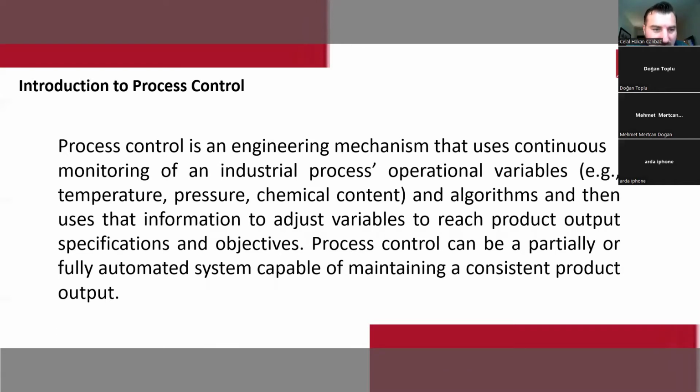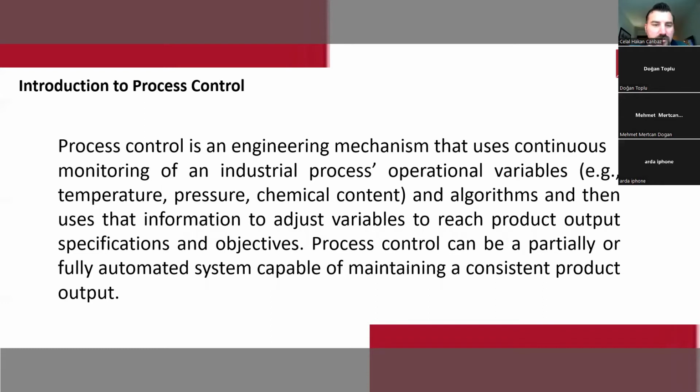Algorithms then use that information to adjust variables to reach product output specifications and objectives. So process control can be a partially or fully automated system which is capable of maintaining consistent product output.